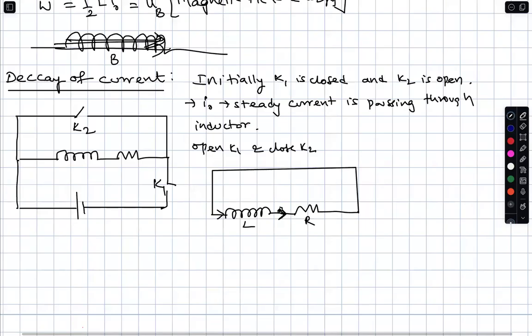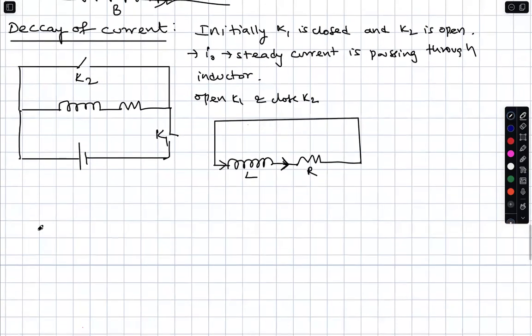And remember, all the energy stored in the inductor is lost across the resistor. In other words, minus L di by dt will now become IR. Minus di by I becomes dt by L by R, or dt by tau.